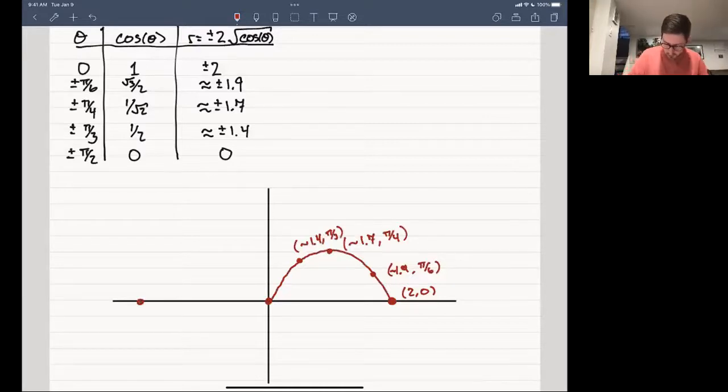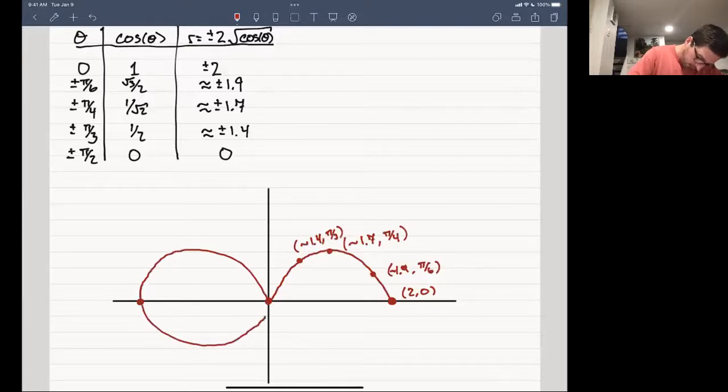Let's try and draw that. And then this thing is symmetric over the x-axis, so I get the other half of this thing looking like that. That is not great. I apologize to everyone for my poor drawing skills.